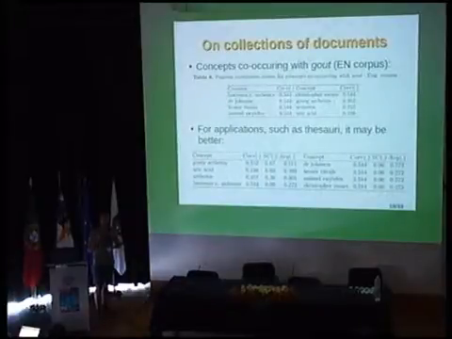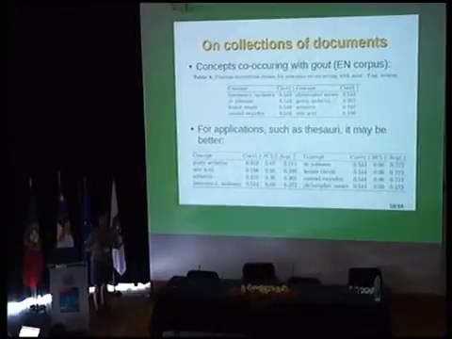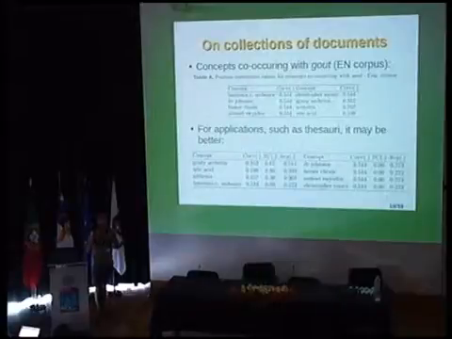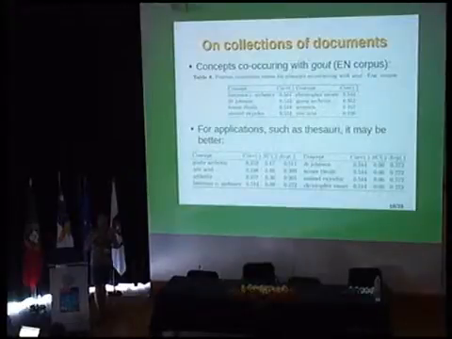But for some applications, information retrieval or construction of thesauri, we may want to rank the values in another way, to put the best concepts or the best semantic relations on top.